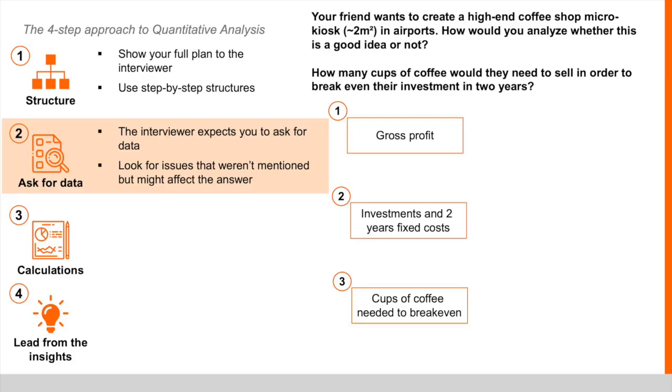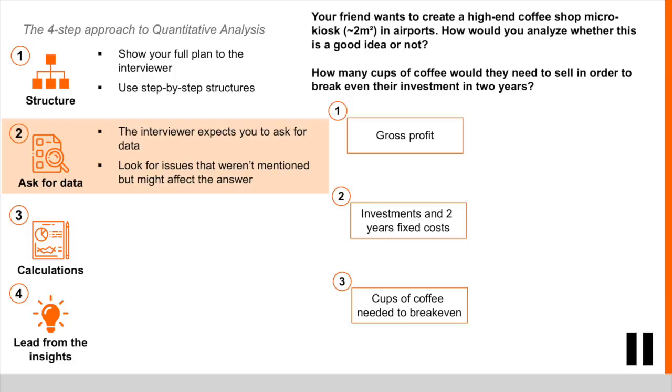If you want to ask during the calculations afterwards, it's a little bit worse, because you kind of show the interviewer that you'll start working without knowing all of the numbers and having all of the ingredients, which is a little bit weird, but it's also fine. The timing of the questions is not that important, okay? Just make sure that if you get a new number during your calculations and you need to change your structure, you will stop and you will do this explicitly. So this means that I need to change my structure in this and this and this way, and then you do it. All right?